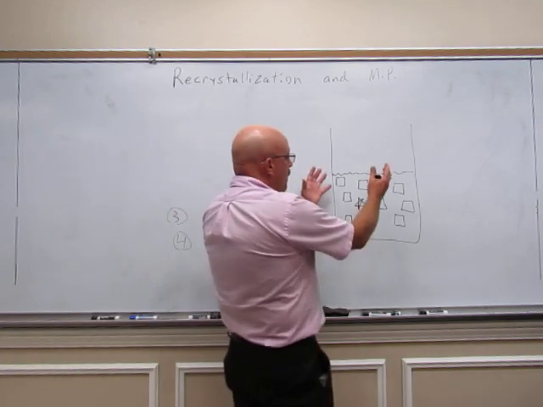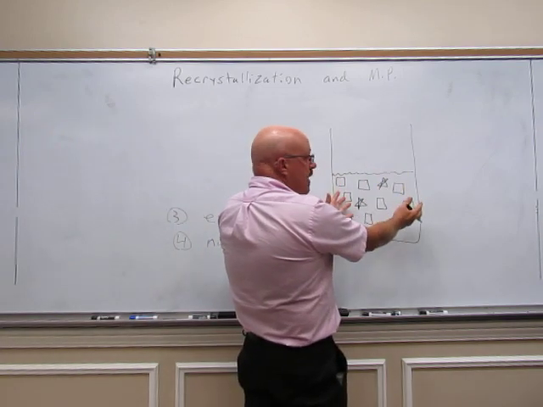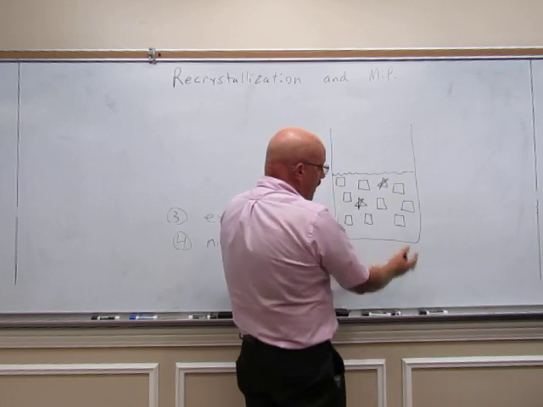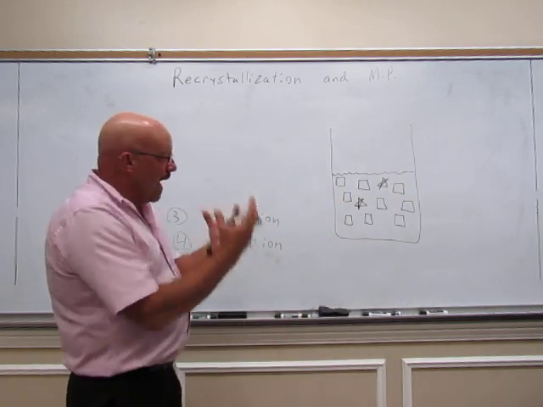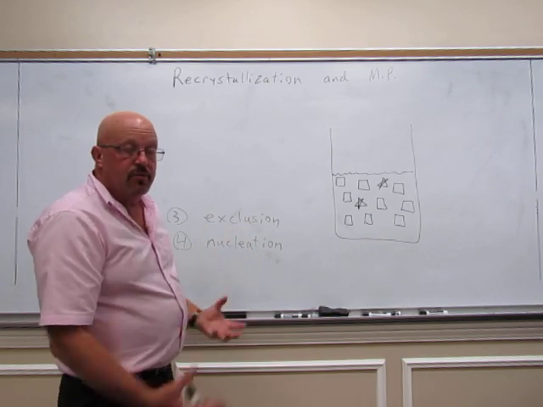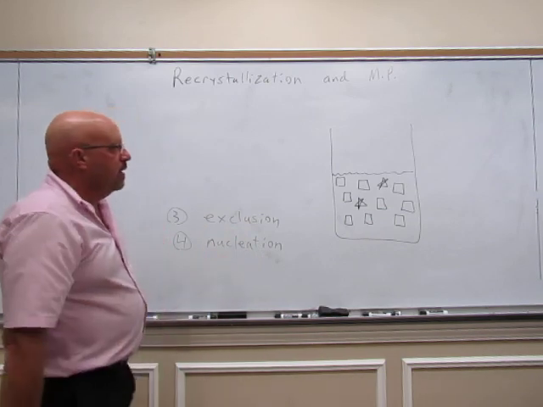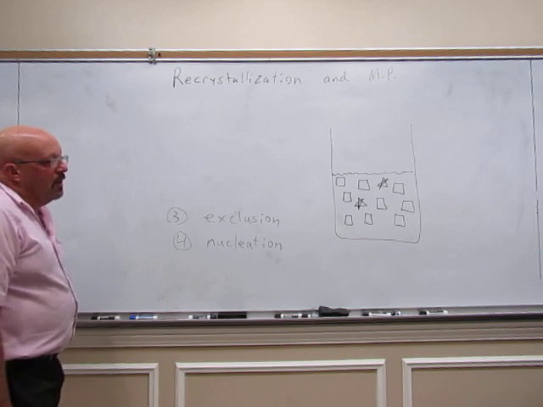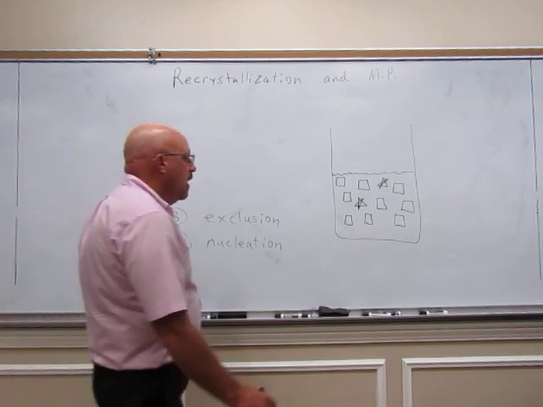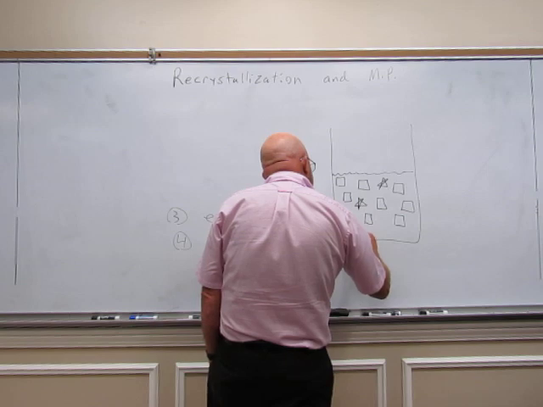Now, we said we had a saturated solution at boiling, and then as you cool it becomes supersaturated, and so the material has to come out of solution. The solvent cannot hang on to that much material at the lower temperatures. So it starts to crystallize.